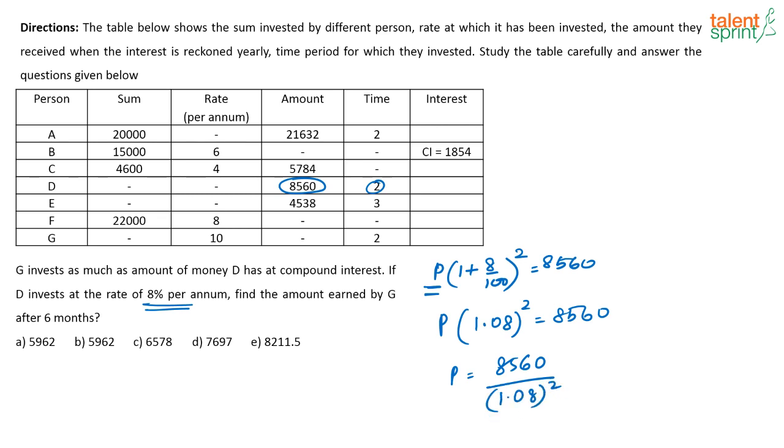Now this will be the amount that will be invested by G, and G has invested at a rate of 10% per annum. Now I have to find out how much G is getting after 6 months, right? That's what I have to find out.